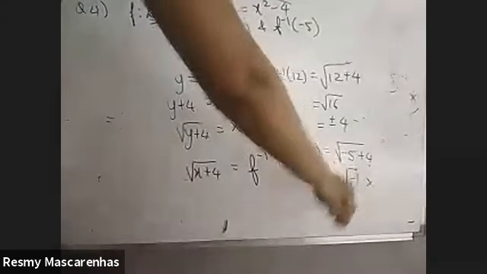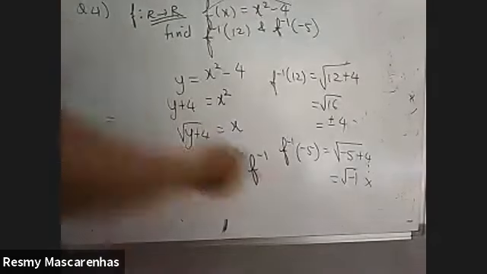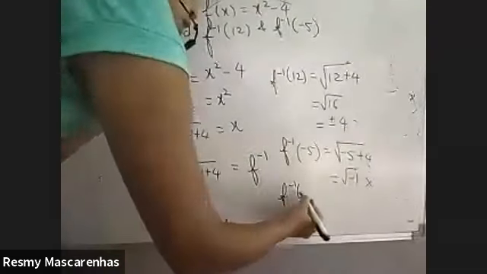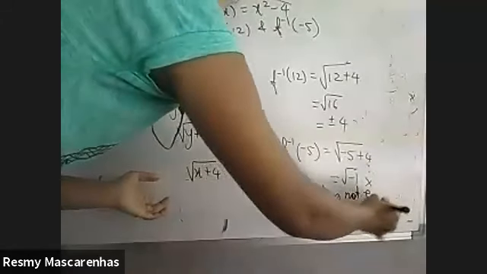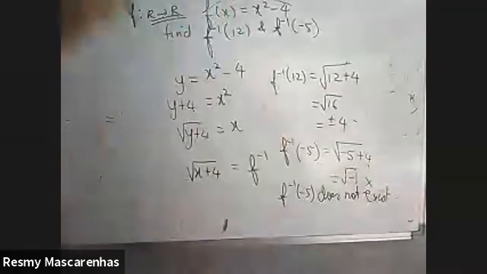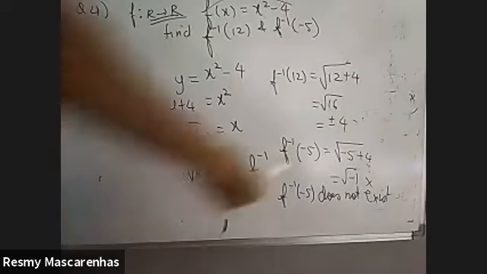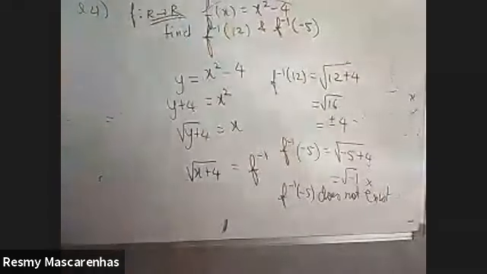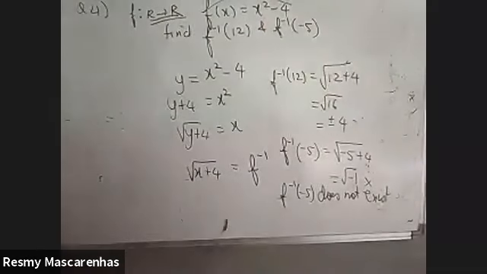Negative root is nothing but a complex number. It will become i. So what you have to write is f inverse of minus 5 does not exist. Anytime if you get a negative root, then you have to write it will not exist. Here it will exist and the answer is plus or minus 4.